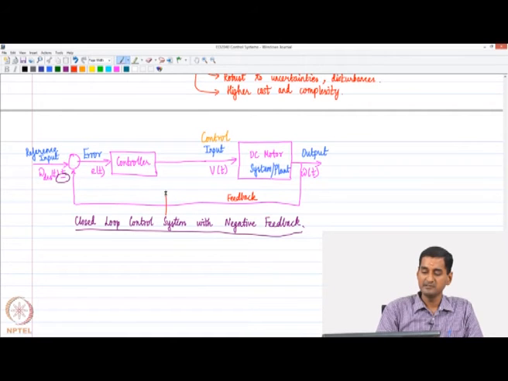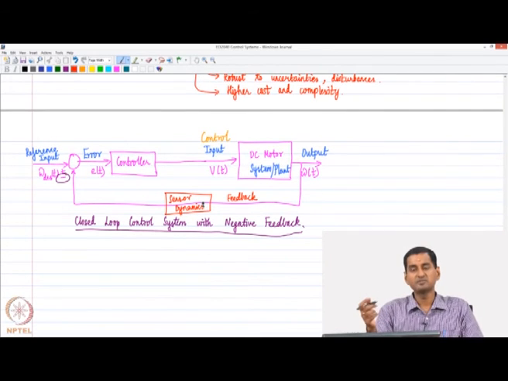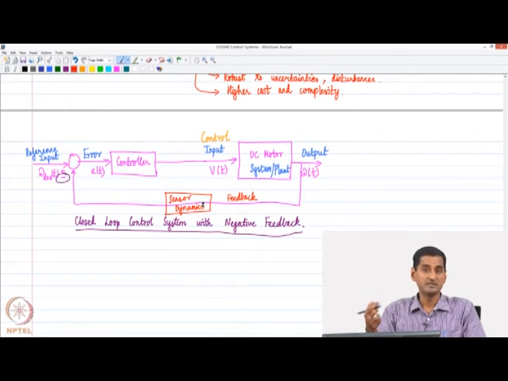See for example, we can have some sensor dynamics coming into play here, right. So, let us say I use a sensor for measuring speed, that may have its own dynamic characteristics. I may need to use a filter to filter out noise, then a mapping comes in the feedback path.